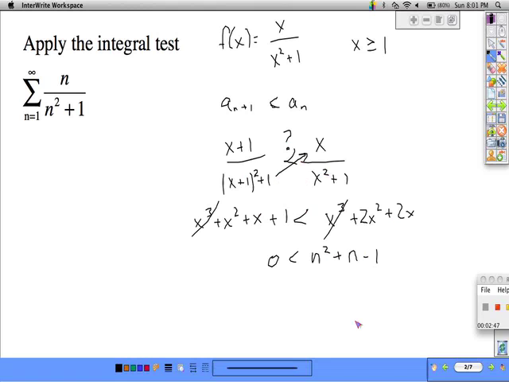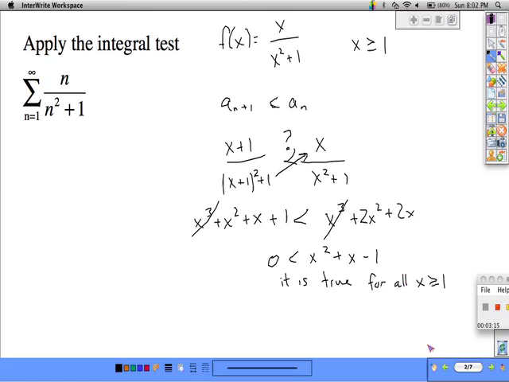And this would be a quadratic that's opening up. And this is true. I'll switch back to n's, for all x bigger than or equal to 1.